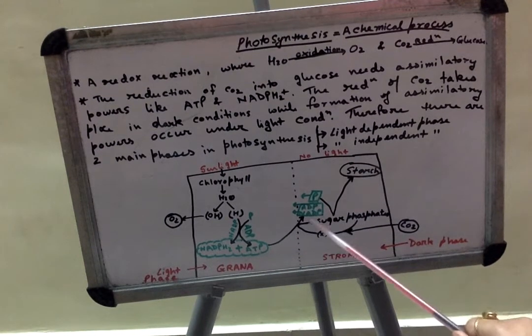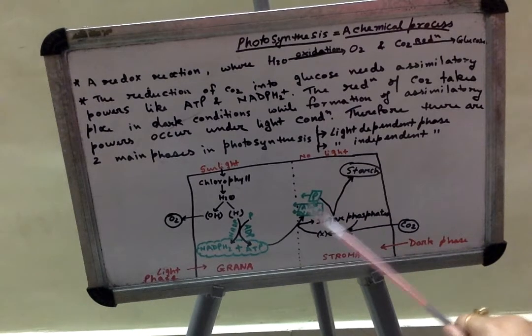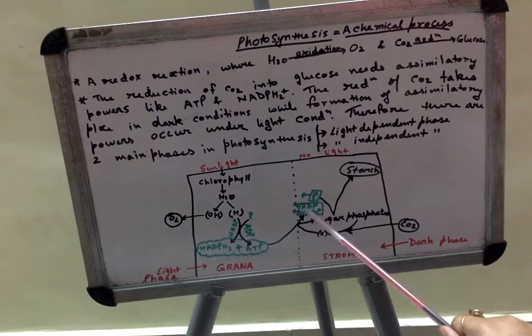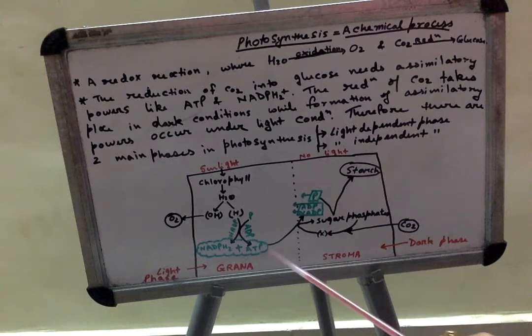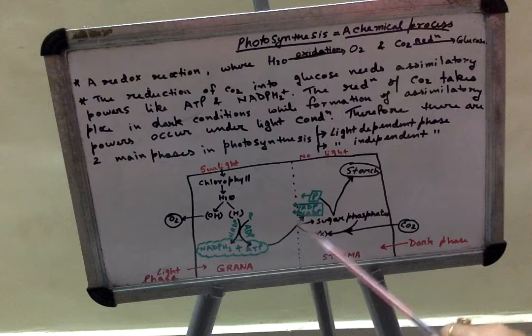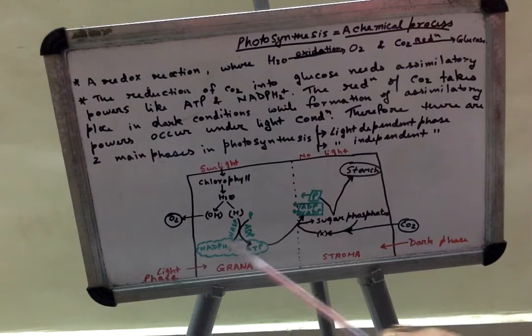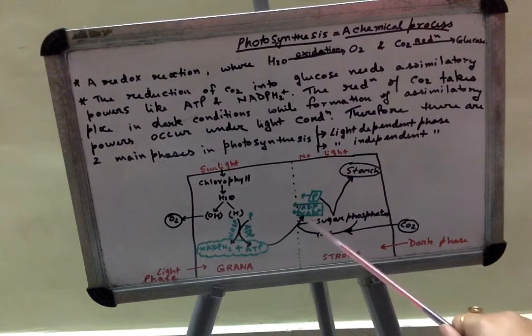And here one phosphorus atom is released from ATP, so we get back the precursor of ATP, that is ADP, and release of hydrogen atom from NADPH2+ produces NADP.